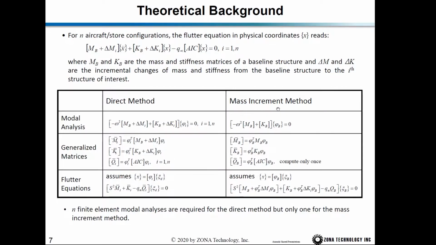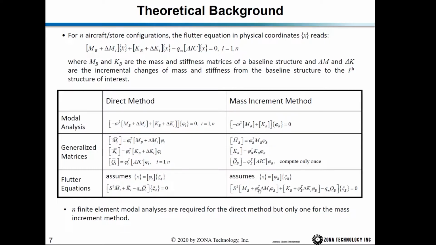For the mass increment method, we first take out the underwing store, and so we use the baseline mode of the clean wing configuration. Then we construct the generalized mass, stiffness, and aerodynamic forces, and using the baseline mode, we can generate the generalized mass and stiffness of the store.